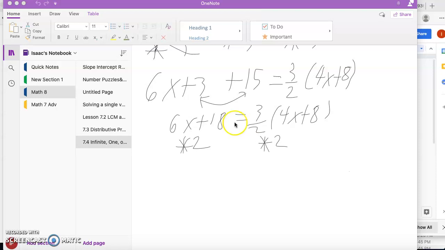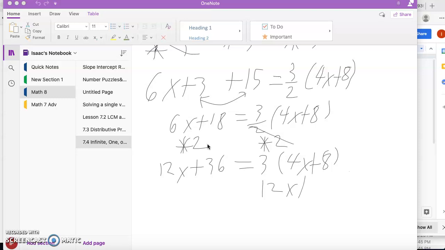So let's see, 6x times 2 is 12x. 18 times 2 is 36, so I've got plus 36 equals that 3 over 2, the 2's cancel, so I'm left with 3 times the quantity of 4x plus 8. Now let's see. 3 times 4x is 12x. 3 times 8 is 24.